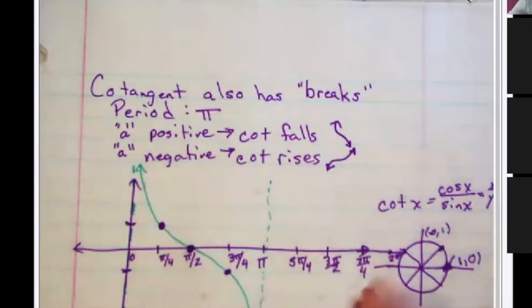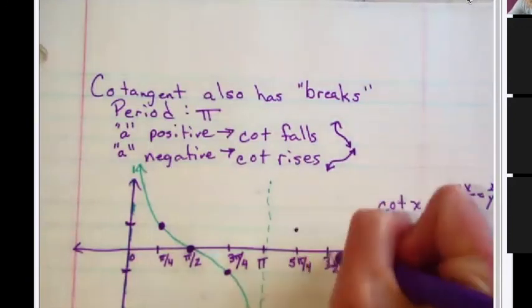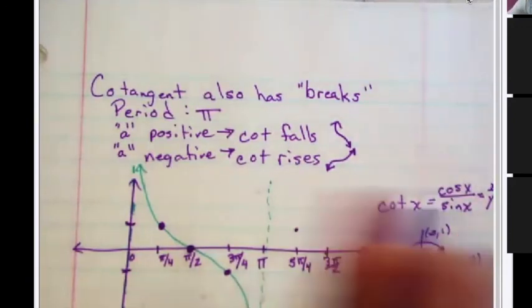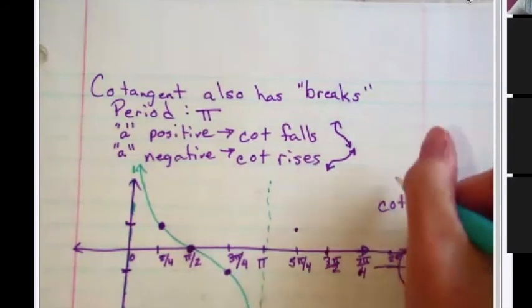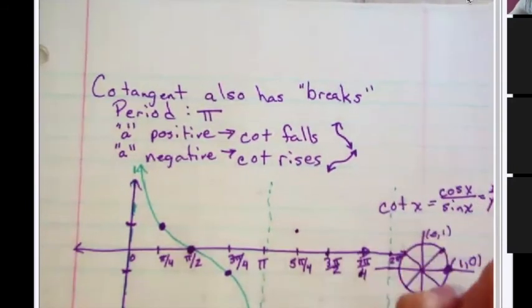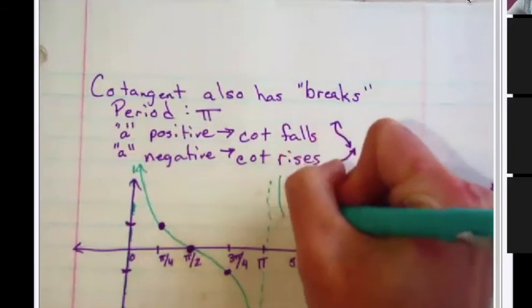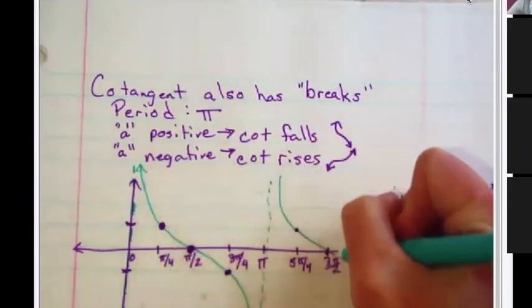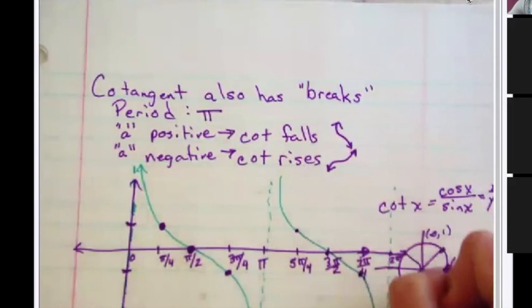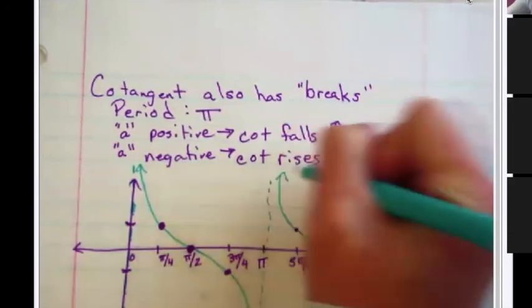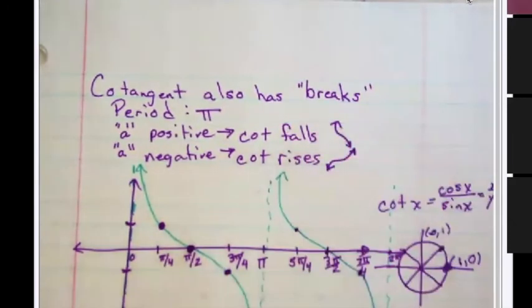We could keep going for another period. It's going to follow the same pattern. So that's what cotangent would look like.